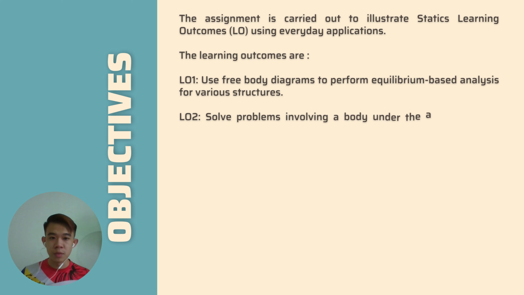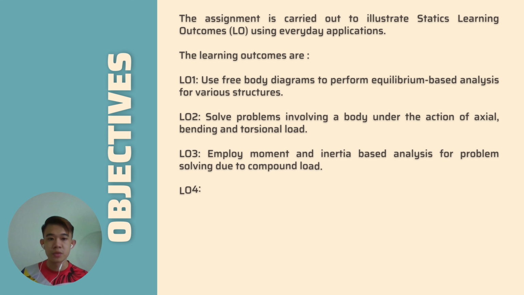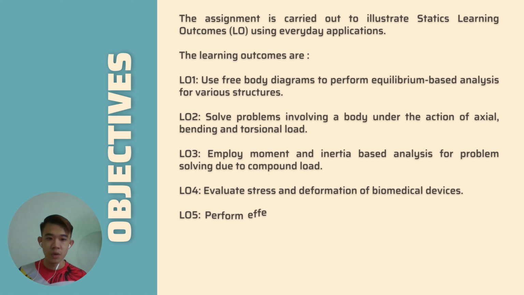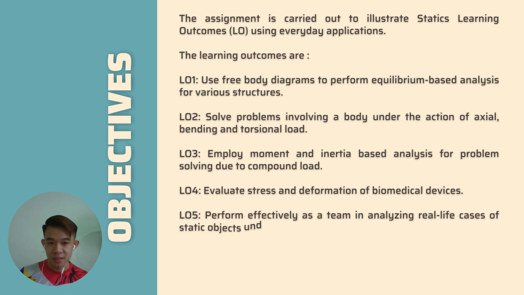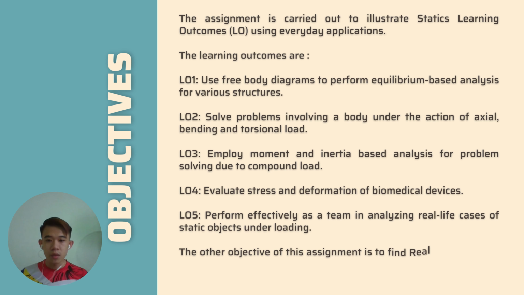The second is to solve problems involving a body under the action of axial, bending, and torsional load. The third is to employ moment and inertia-based analysis for problem solving due to compound load. The fourth is to evaluate stress and deformation of biomedical devices. And last but not least, to perform effectively as a team in analyzing real-life cases of static objects under loading.